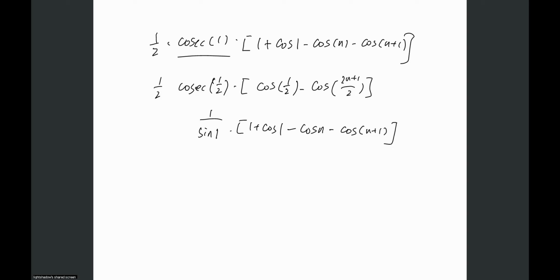Something like that. 1 plus cosine 1 minus cosine n, this is like cosine 0 minus cosine n.